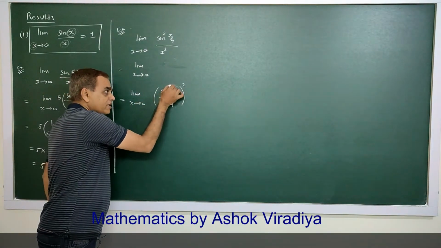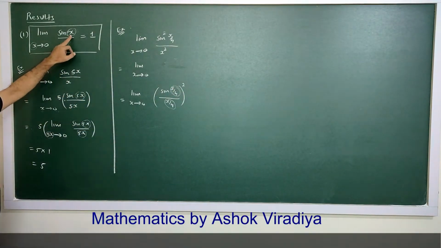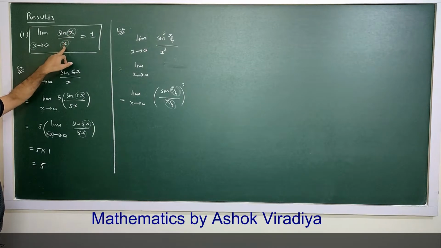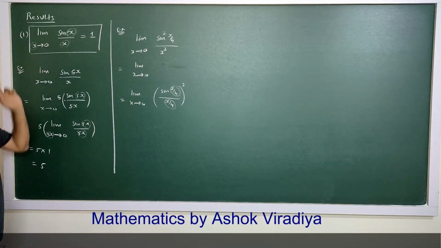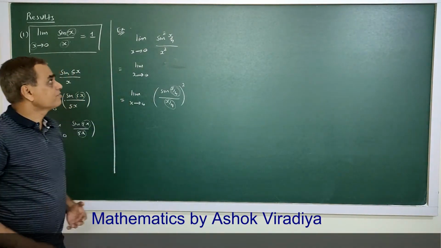Always remember, this number must be the same. Sin x upon x: if here x by 2, put x by 2. If x by 4, here should be x by 4. If this is 7x, this should be 7x, and the same number must tend to 0. So this is the way of setting the number.